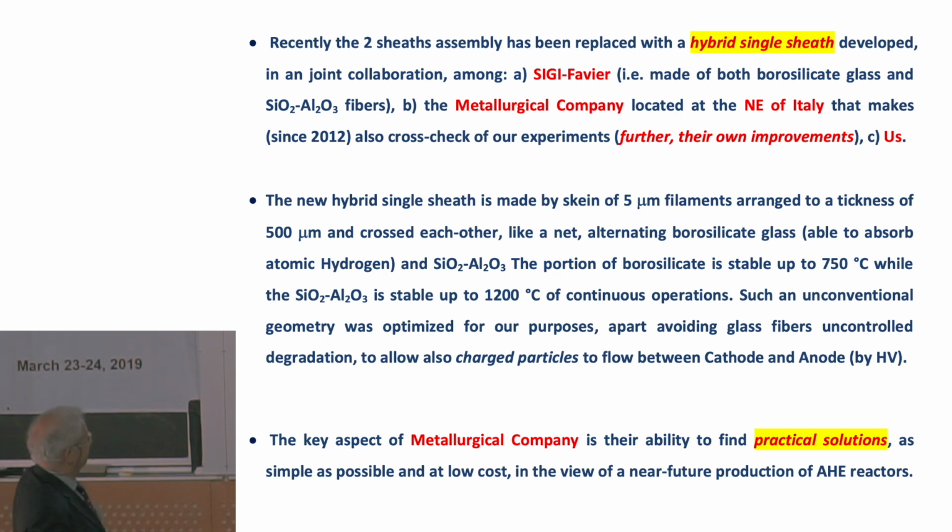The people that helped us on this heavy point was the nuclear company in Italy, which has helped us for 8 years. They have their own laboratory, they cross-check our data, so we collaborate in a wonderful way.